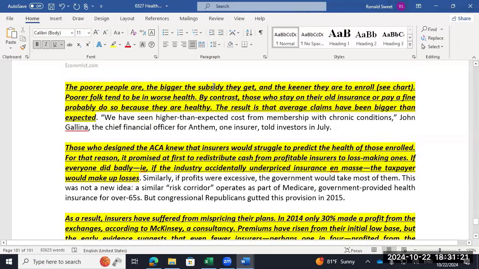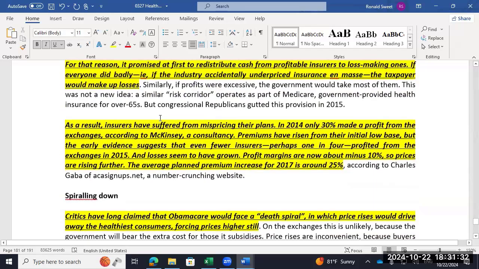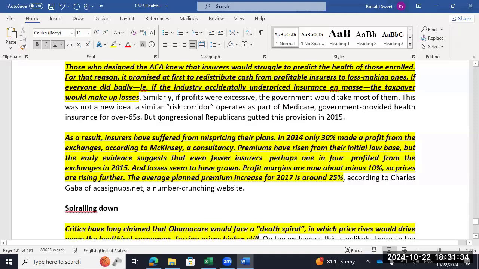So the poorer someone is, the more the subsidy is. Those who designed the Affordable Care Act knew that insurers would struggle to predict the health of the pool. So the industry started off underpricing, and so there were some hefty increases, but in the last few years, we're actually seeing it come back down. So it's been a learning curve for insurers.